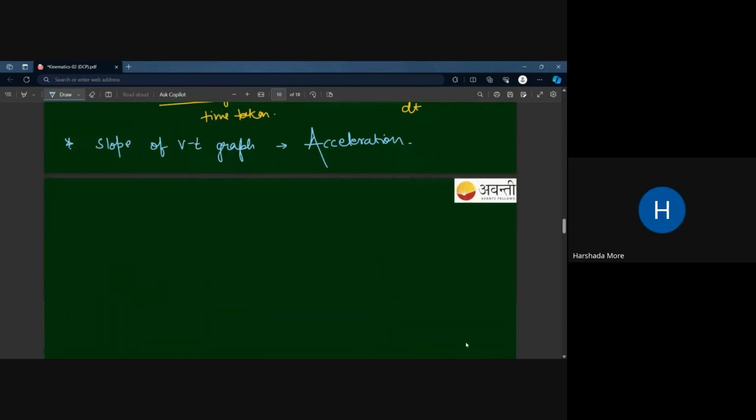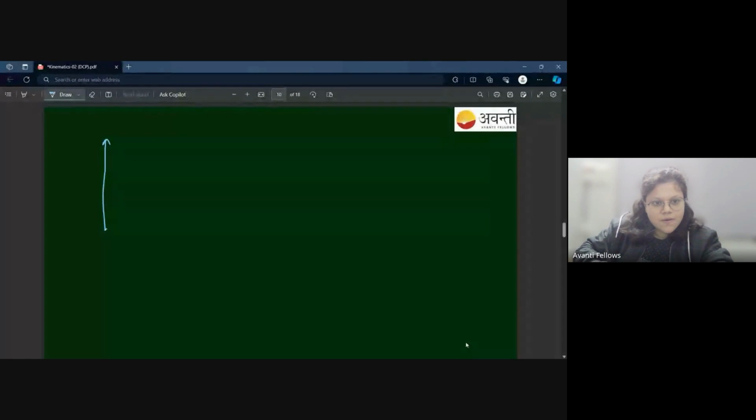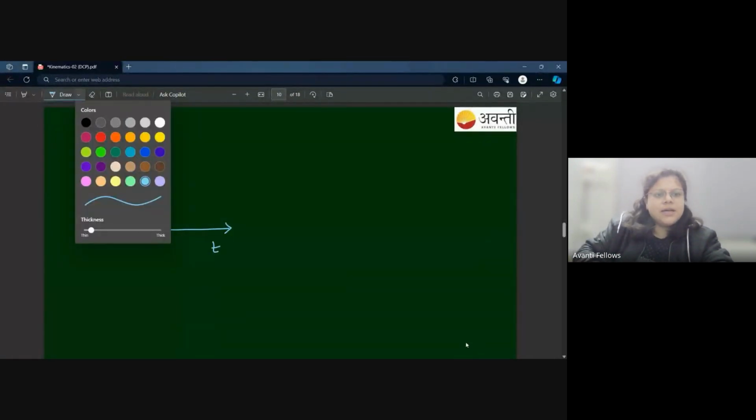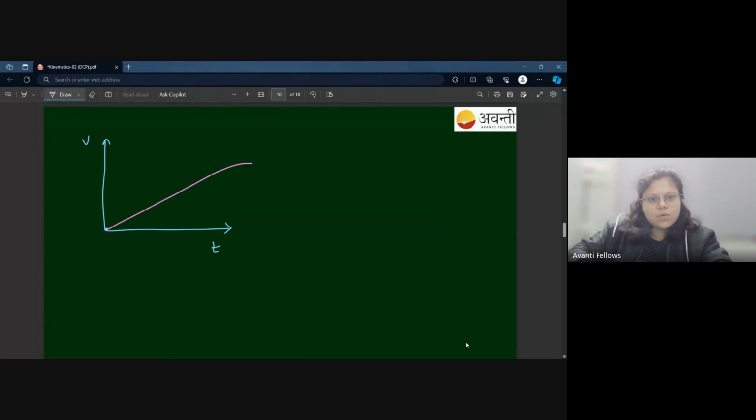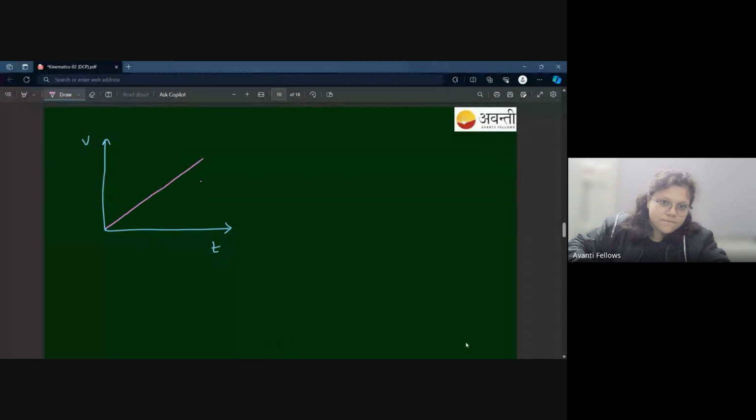Now, you should understand a few graphical points also, just to get the idea of what is given to you. For example, I gave you a graph of velocity and time, a straight line.